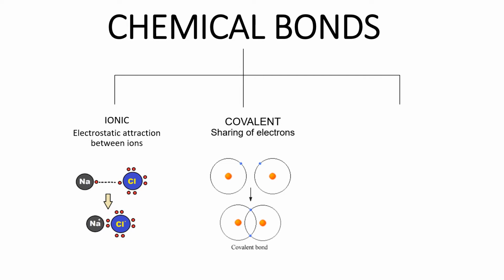For example, in this image you can see there's one electron on each atom, and both atoms share these two electrons together to form a covalent bond.